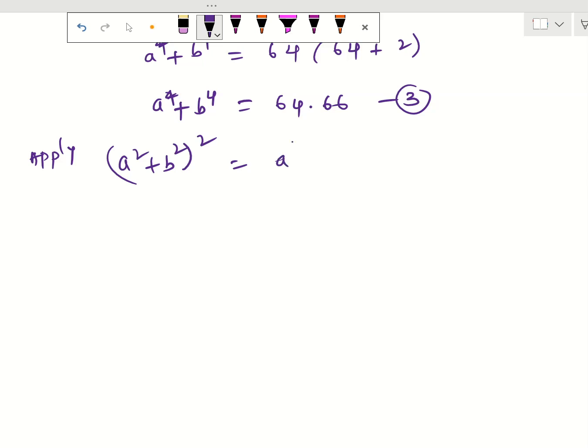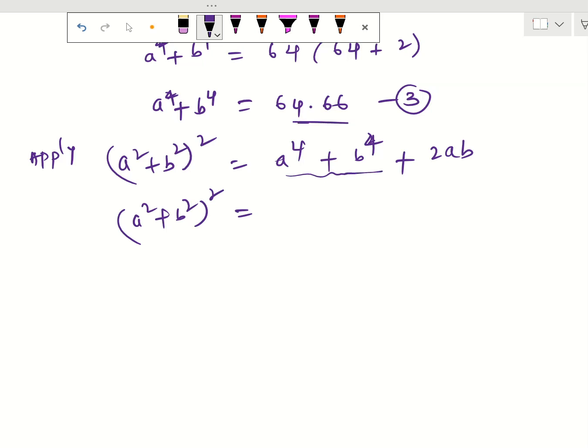That will be a square plus b square plus 2ab. Here the a value is square and the b value is square, therefore the a to the power of 4 comes here. So now a square plus b square whole square, where a to the power of 4 plus b to the power of 4 we can write from equation 3.